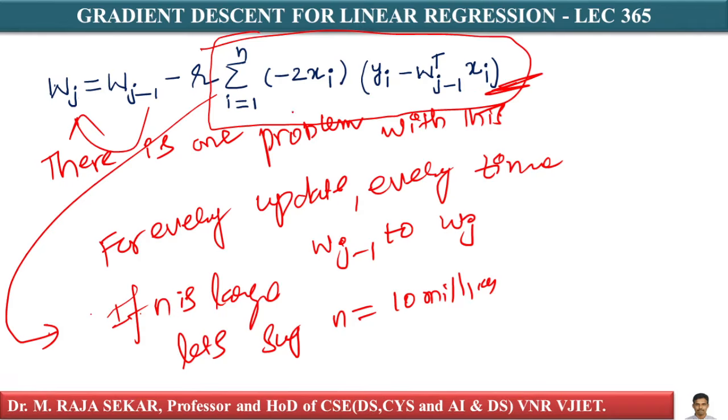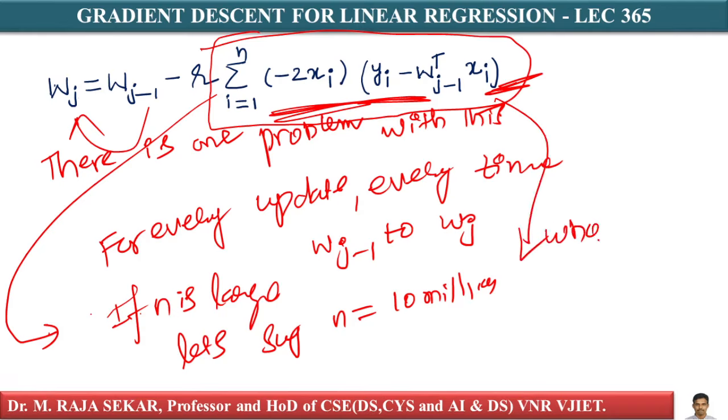Computing this piece requires me to go through the whole data set. If n is large, computing this summation is very expensive and time consuming, whether you go from W0 to W1 or W1 to W2, you have to compute all this summation.